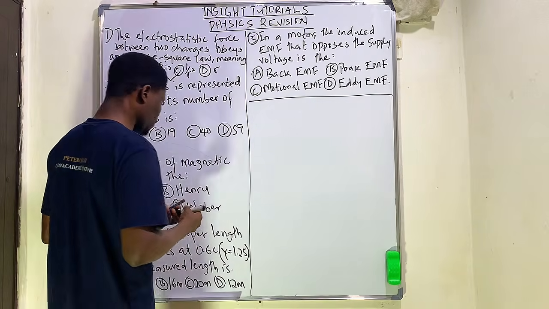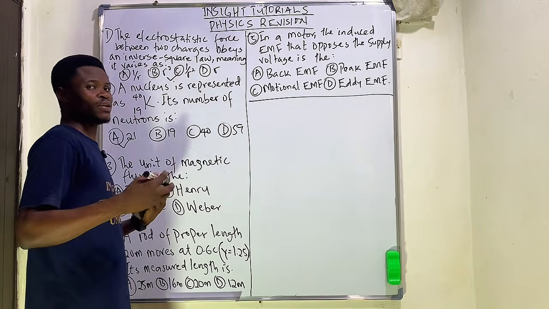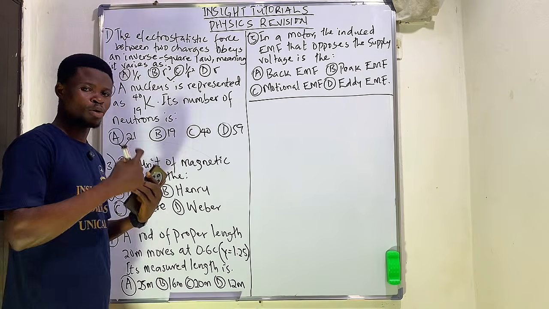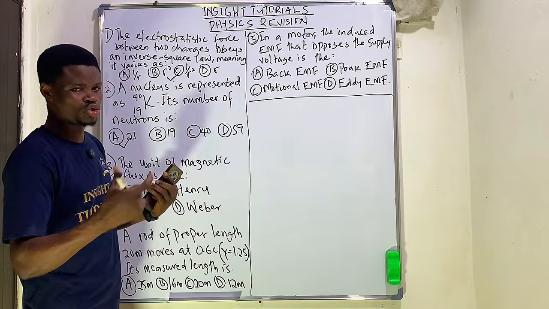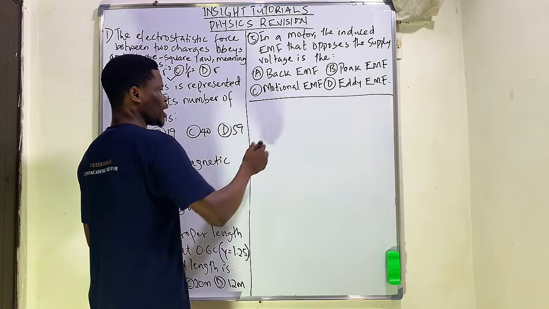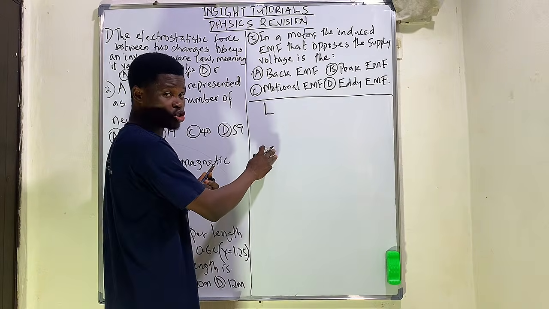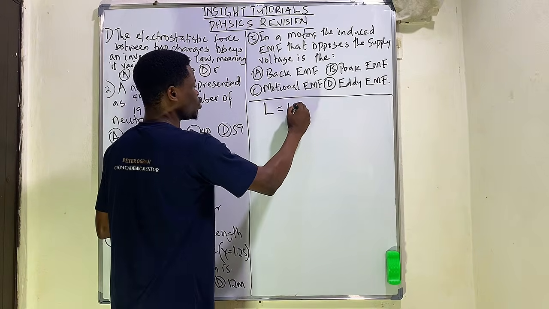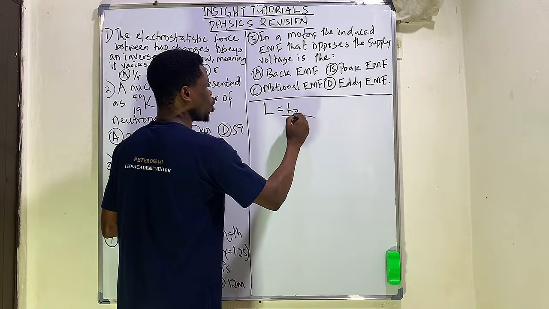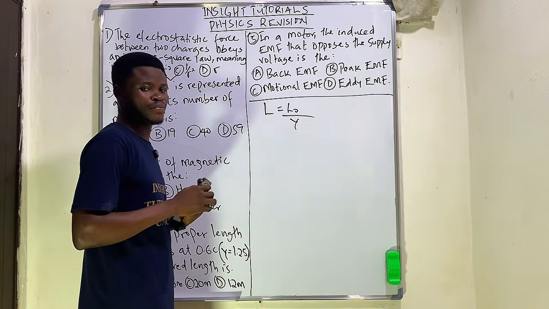All right, for us to solve this question, there's actually a formula that relates our proper length to our contracted length and our Lorentz factor. That formula is our contracted length is equal to our proper length all over our Lorentz factor.